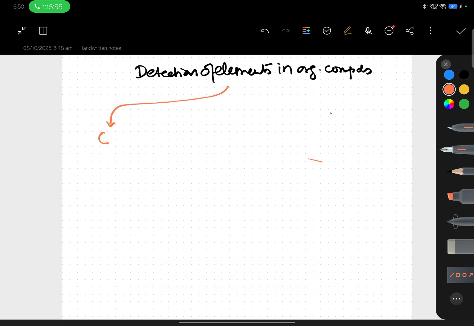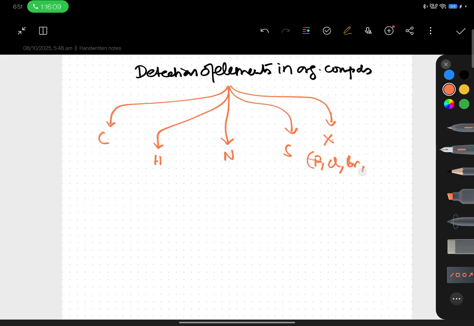We will have carbon, hydrogen, nitrogen, sulfur, we may have halogens such as fluorine, chlorine, bromine, iodine, and we may also have phosphorus. So we will see how to deduct each of them.